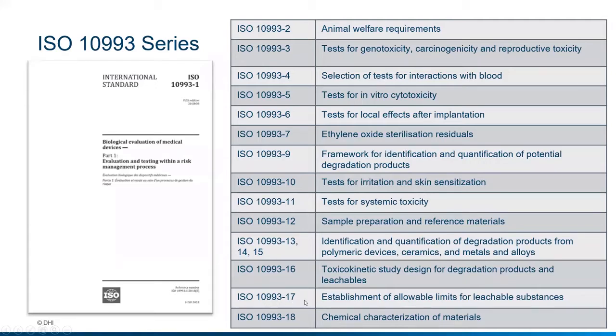For ISO 10993 Part 17, the standard on how to establish the allowable limits, that is a standard that's expected to undergo significant updates, and is in draft versions right now. So there are changes to these standards going on that I encourage you to look for.